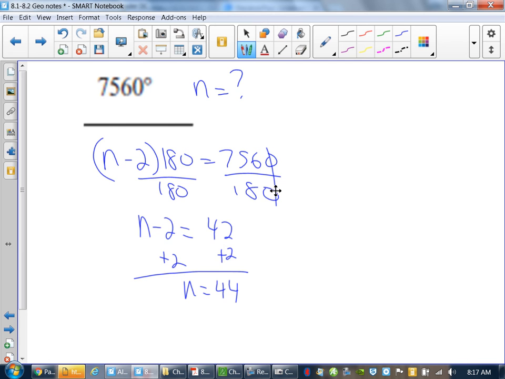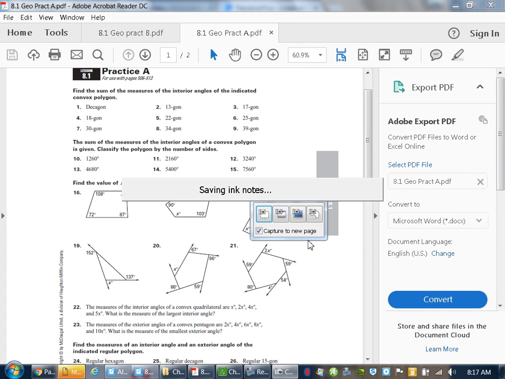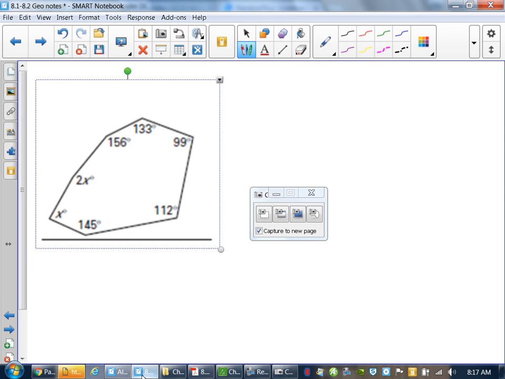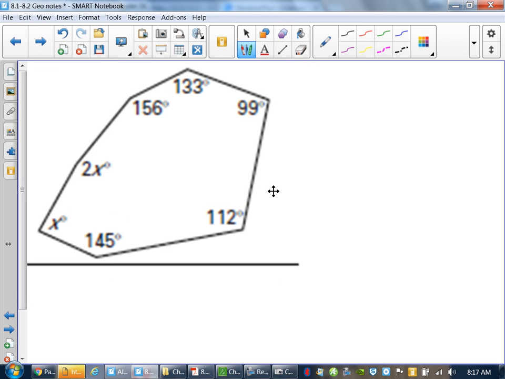Now, the other stuff that we do, so we build out like this. Before you worry about trying to draw it, if you need to solve for x, are you working with an interior or an exterior angle? Interior.